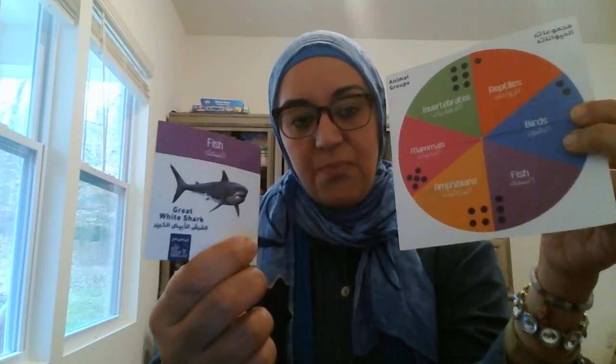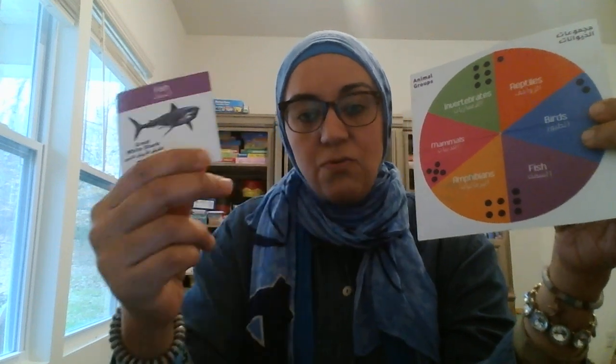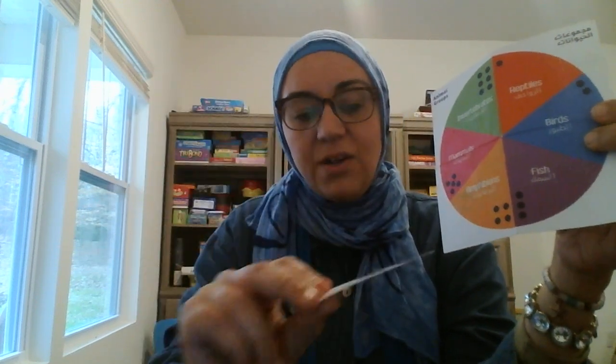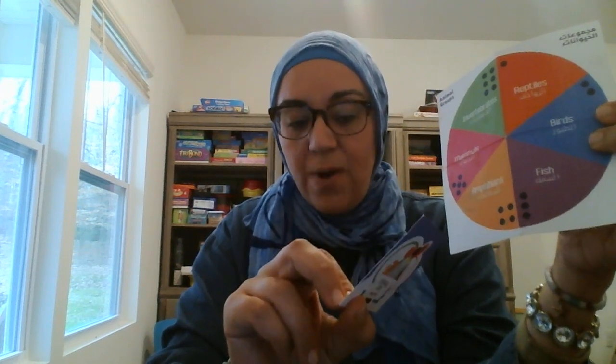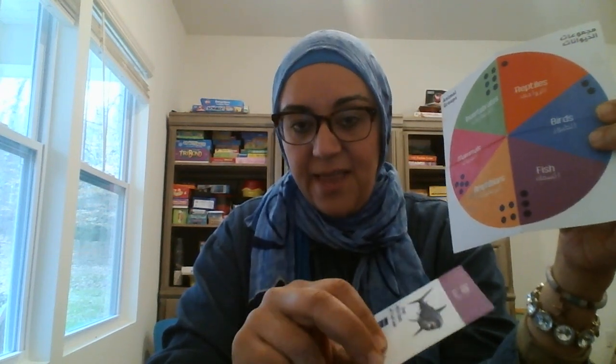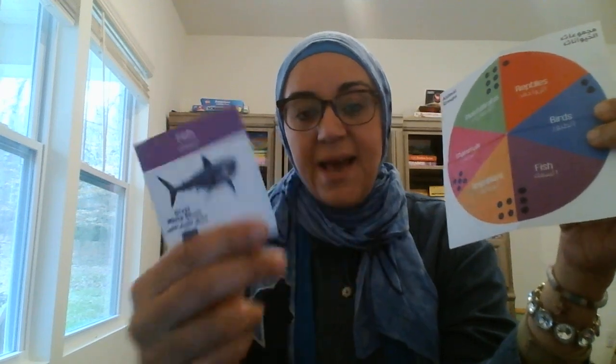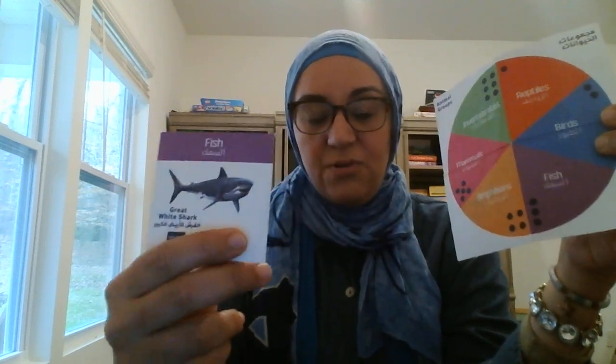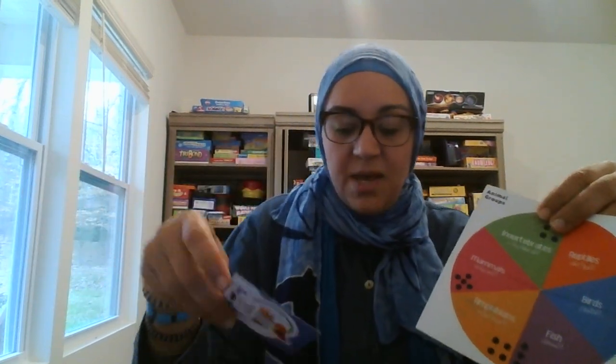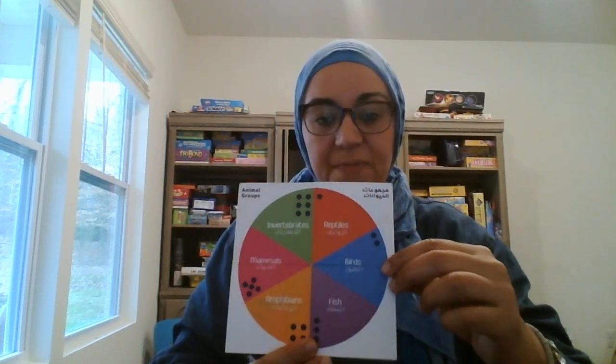You pick a fish card, and you tell the information on the card. It's a great white shark, the habitat is water or oceans, and it belongs to the fish group. Then you put it on the game board, and the winner is the one who's done with all the cards first. You can play by doing either this side or this side.